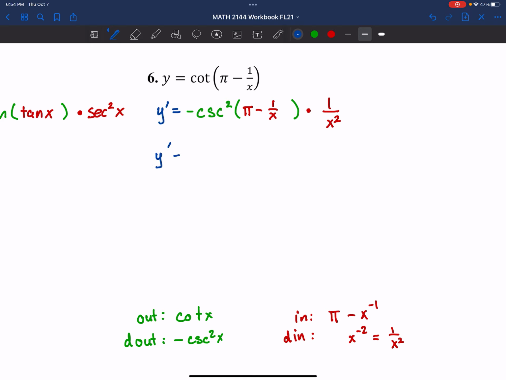By the way, you could simplify this to, let's just keep it all blue, a minus cosecant squared of pi minus 1 over x. And then remember that this is all considered in the numerator over 1, so this x squared could be multiplied with that 1, and we end up with just this x squared in the denominator. Let's move that negative and just line things up to make it a little bit cleaner. So there is another derivative, this time involving trigonometric functions.